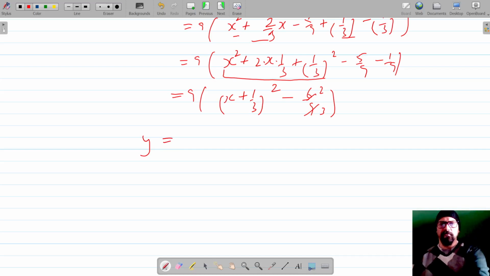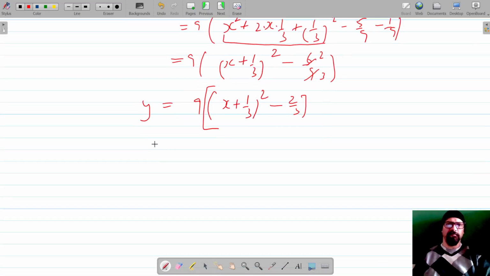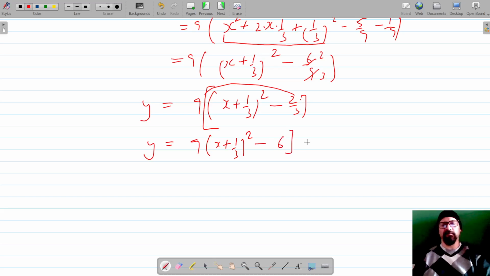So finally I can write y as 9 into x plus 1 by 3 the whole square minus 2 by 3. Let's multiply all of these by 9, which gives me 9 into x plus 1 by 3 the whole square, and 9 into minus 2 by 3, which is minus 6.